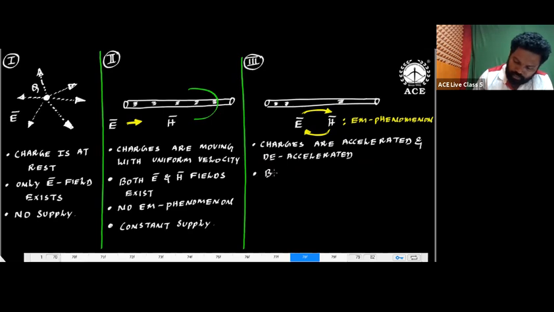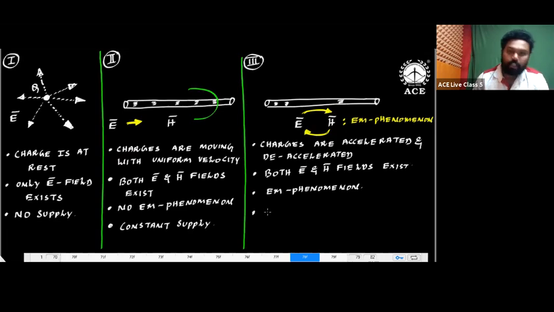Both E and H fields exist. And there is an EM phenomena, beta. There is EM phenomena. And what kind of supply is this? Time varying supply.